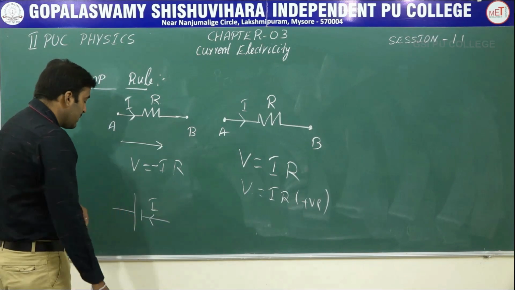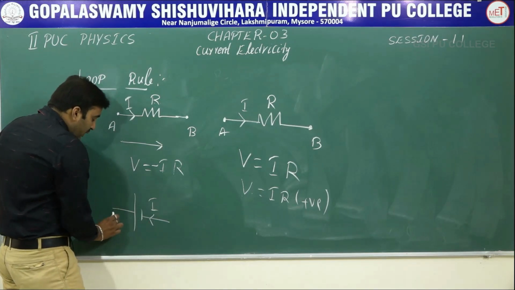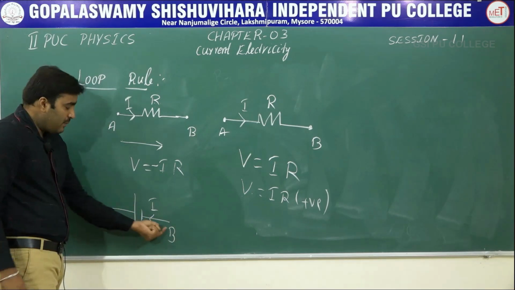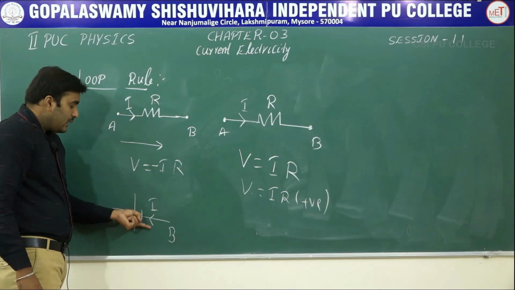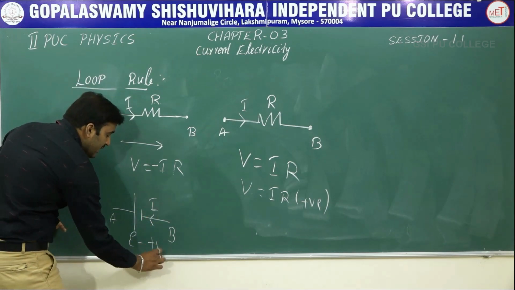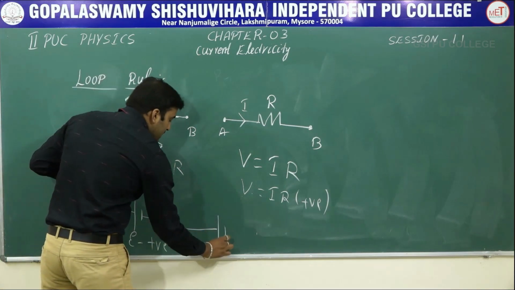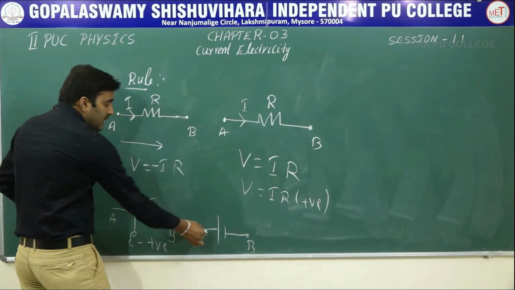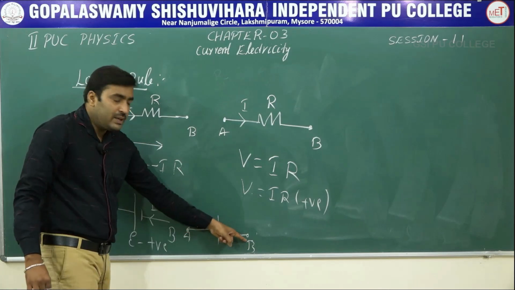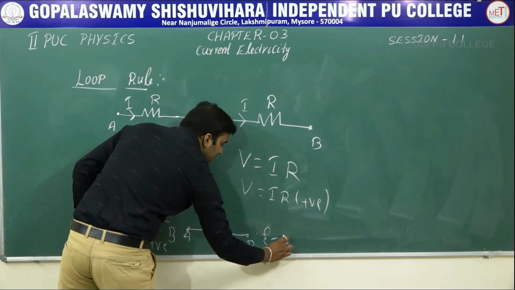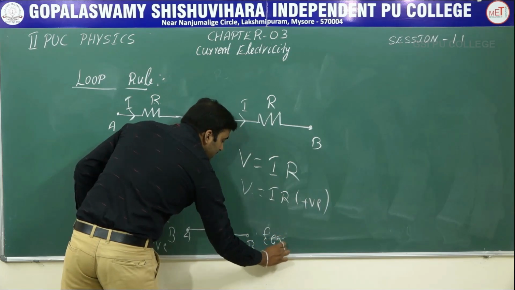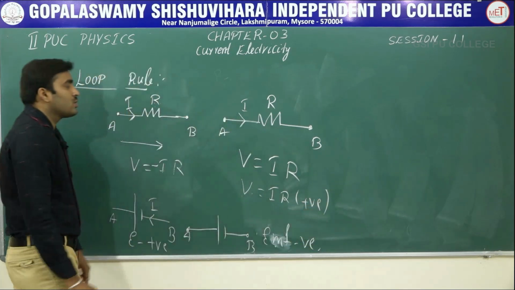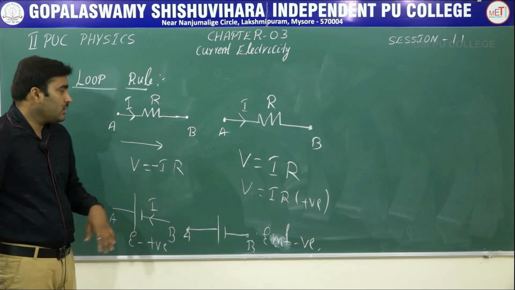Now, if I say that this is AB, in a circuit, if I am moving from B to A, then the EMF of a cell is considered as positive, and for the same cell, if I am moving from A to B, then EMF is considered as negative.